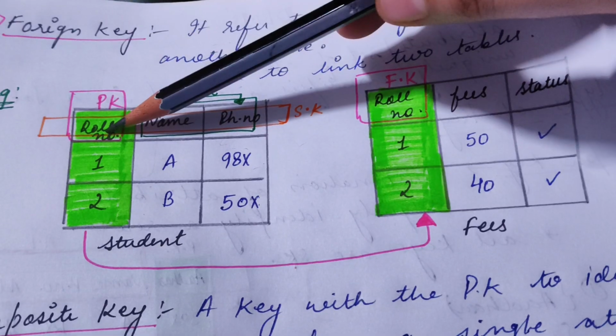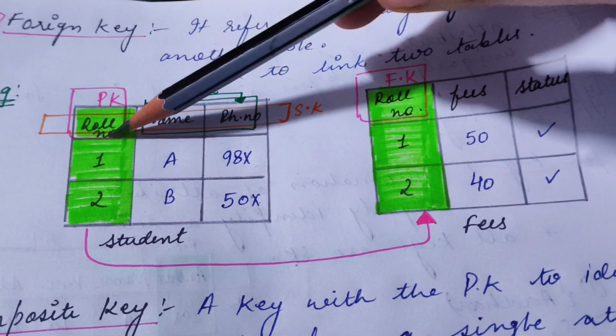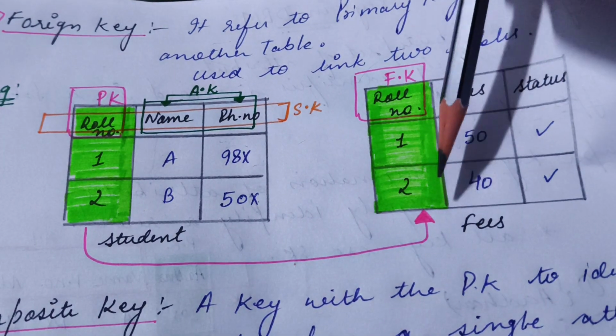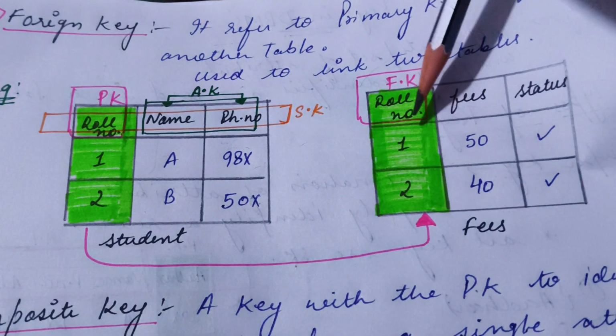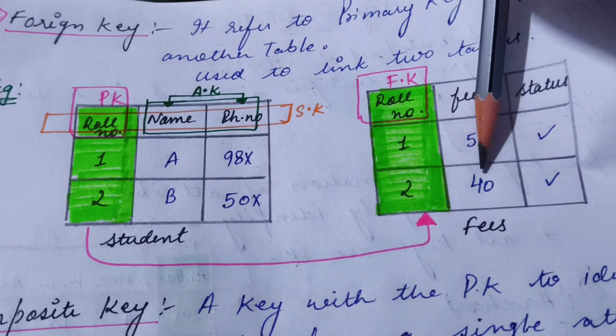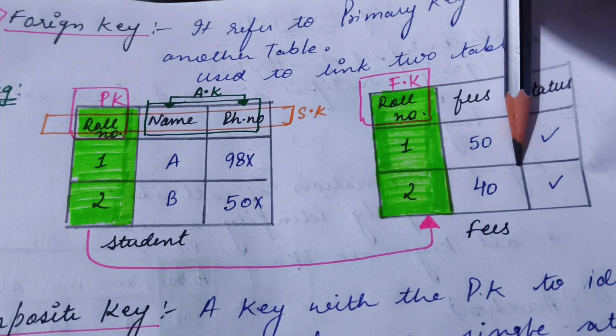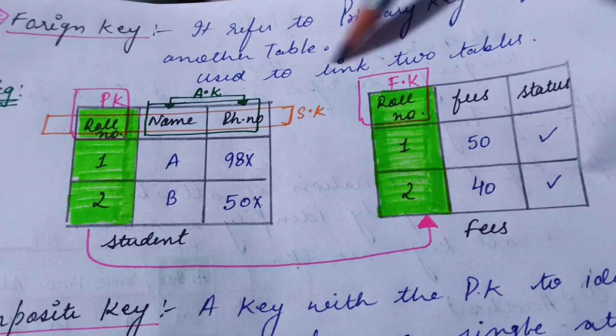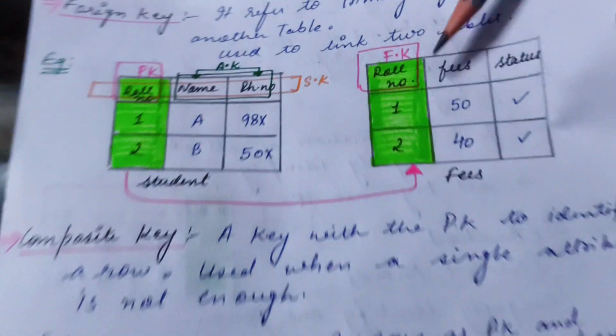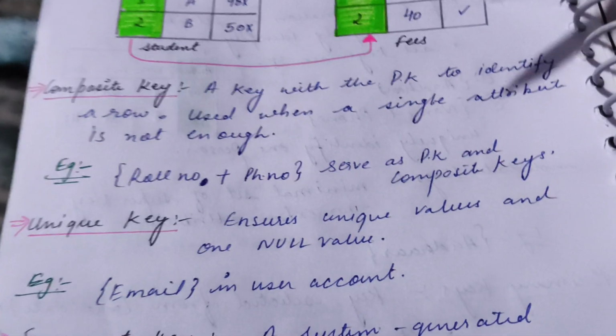So a primary key is referred to as a foreign key when it is linked to another table. For example, here the roll number columns are equal, so this foreign key is related to the primary key of another table. Okay, that is basically it.